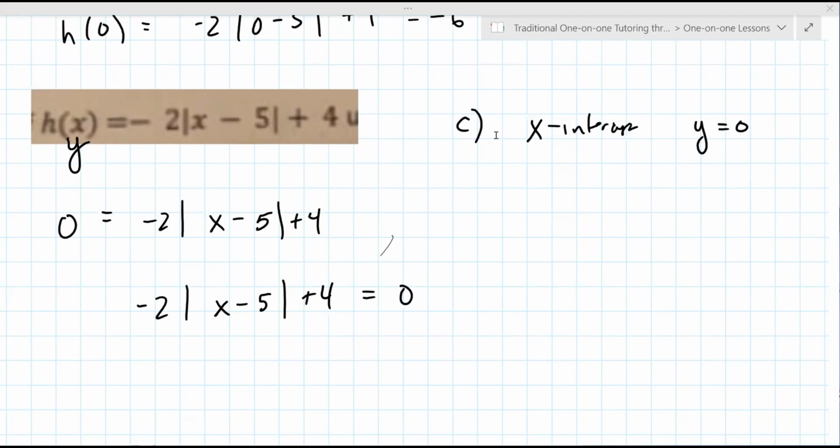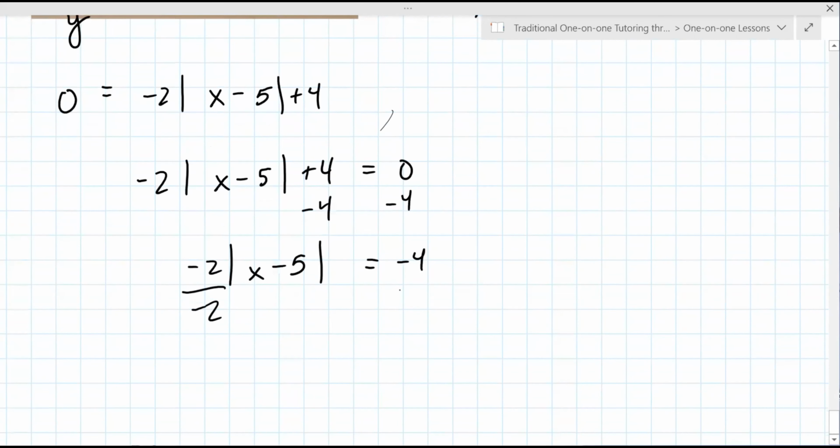So from here, subtract 4. Right. You subtract 4. And then that would be -2 absolute value x minus 5 equals -4. Yes. And the -2, I just divide all those by -2.